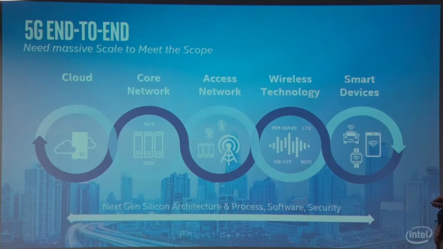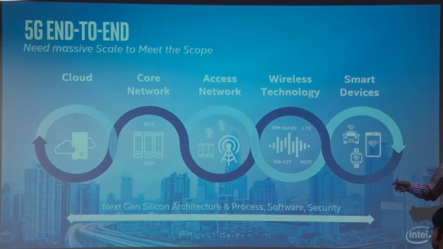And then in the back end, we obviously have the cloud, where you have all of your application servers, and that's where all the data goes. Data gets processed that is sent by these devices. So what we really see is 5G is going to impact everything, right from the devices all the way back into the cloud.